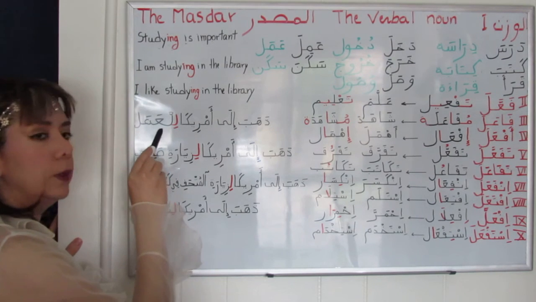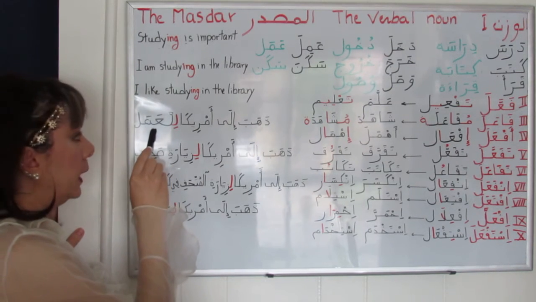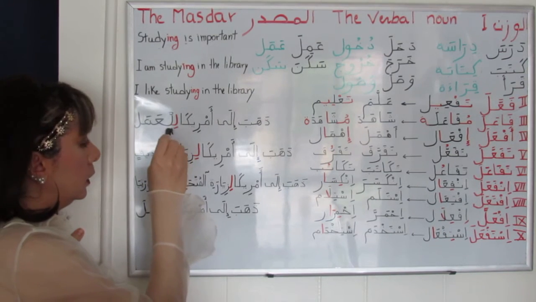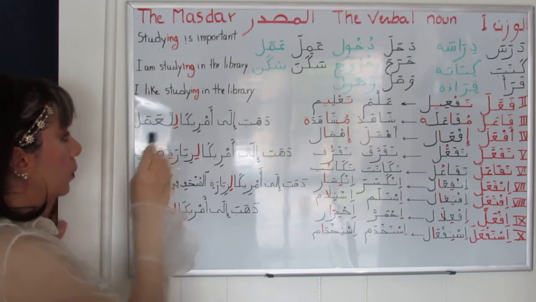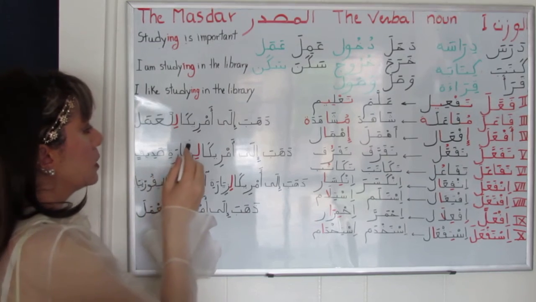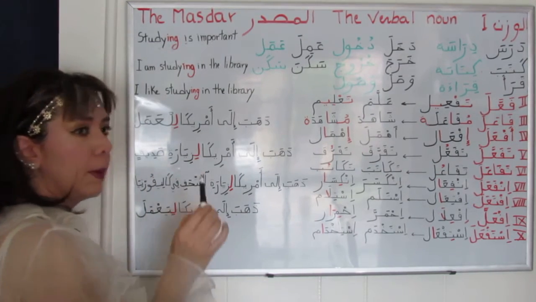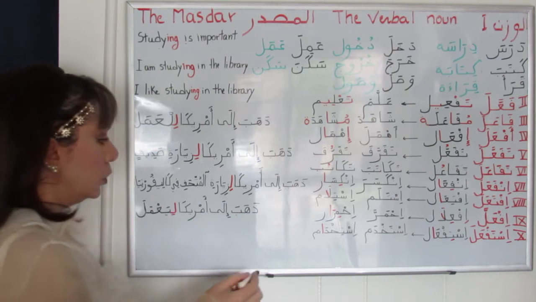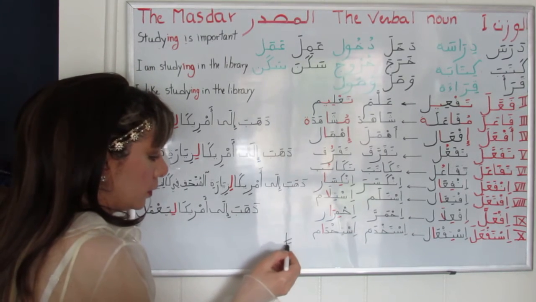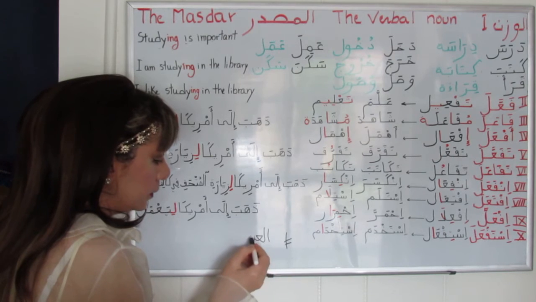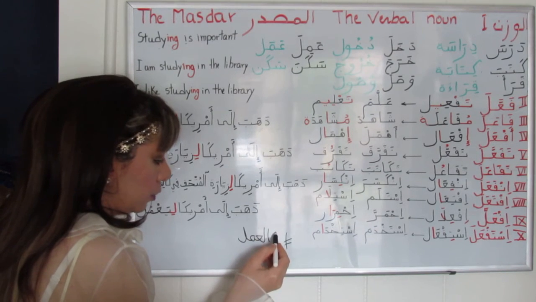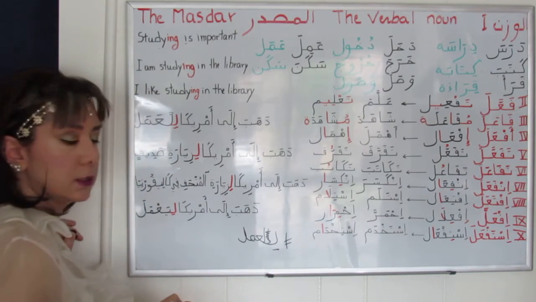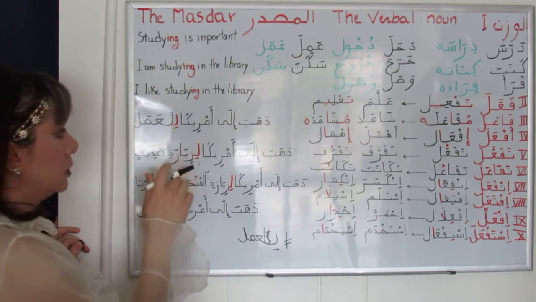And here we used the Arabic verbal noun in its definite form. Normally it's al-amal, but when it's preceded by a preposition li, we get rid of the alif. So it's a definite.